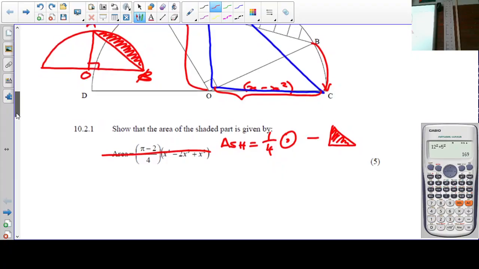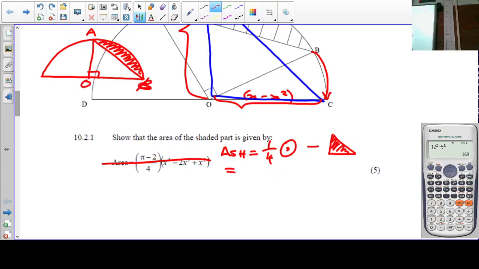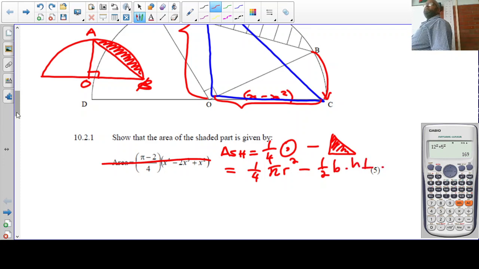So we go. The quarter. How do you calculate the area of a circle? Pi r squared. Not 2 pi r squared. Pi r squared. How do you calculate the area of a triangle? Half base times perpendicular height. Not so? So let's go with that. It's going to be a quarter pi.